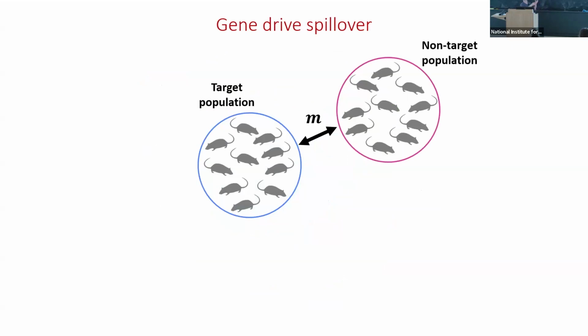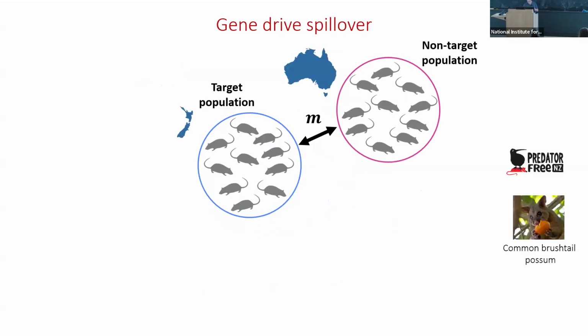We have a target population where we want the gene drive to work. We have a non-target population where we don't want the gene drive to work, but these are connected by some migration. So we can think about, for example, this project called Predator-Free New Zealand. It's a project by the New Zealand government for eradicating, for example, the Australian possum, which is a horrible invasive species in New Zealand, but it's native to Australia, right?